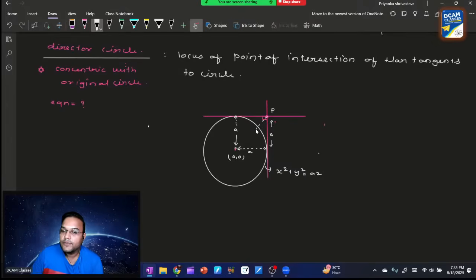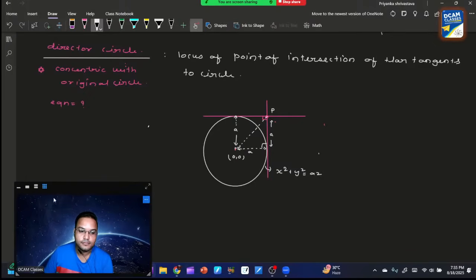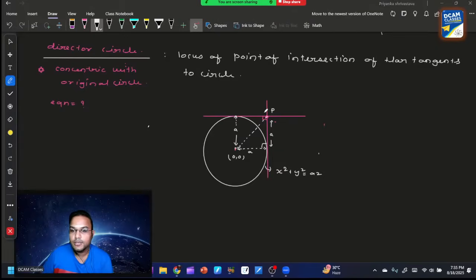So you can actually find out the radius of your required circle using this triangle.